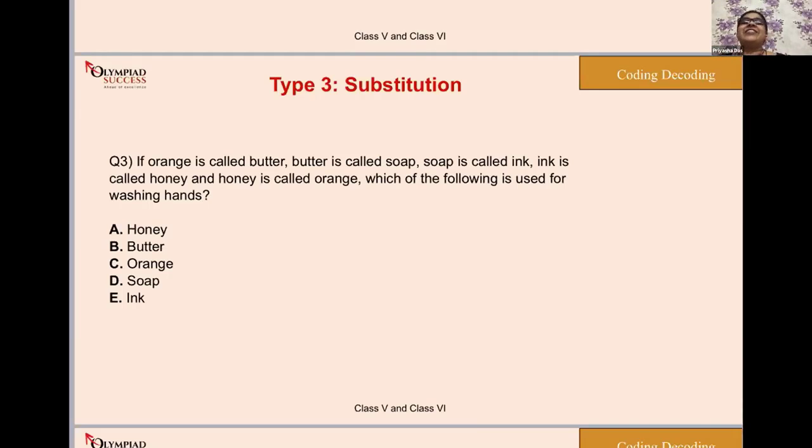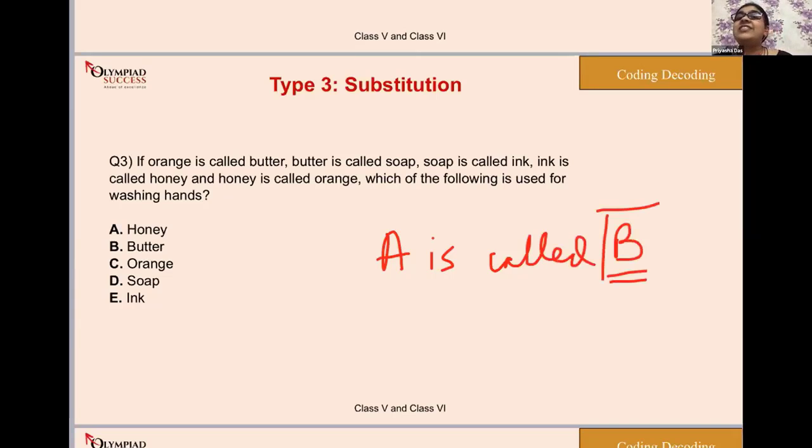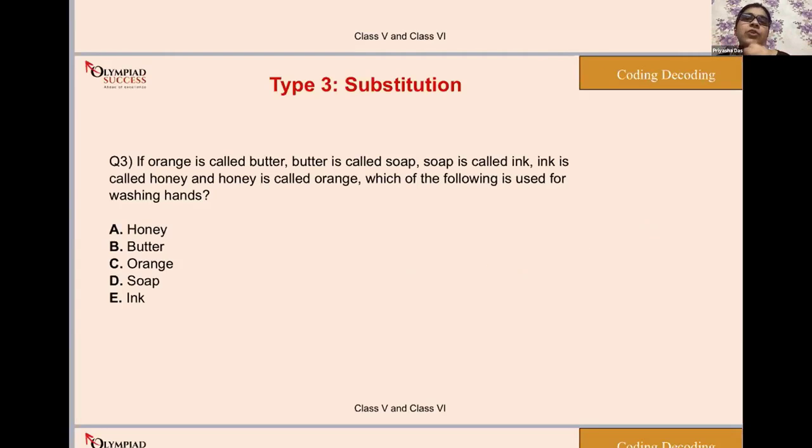Two kinds of confusion happen in this. A is called B. So if I call A as B, that means B is my final answer. No, we will not go one step back. We will go one step in front. Let me give you an example. For doing these questions, first try to find out the real question.